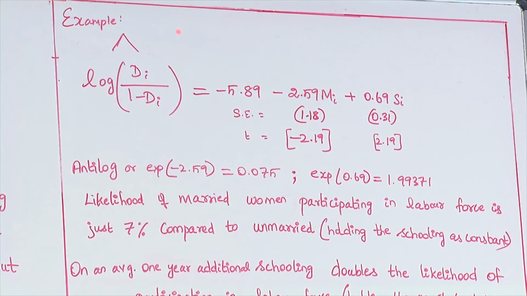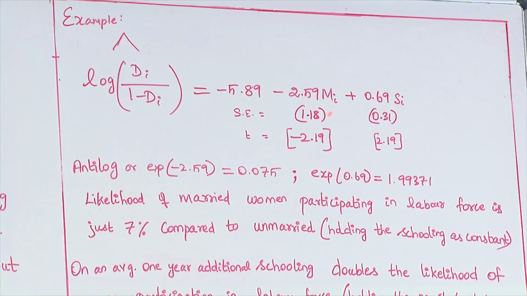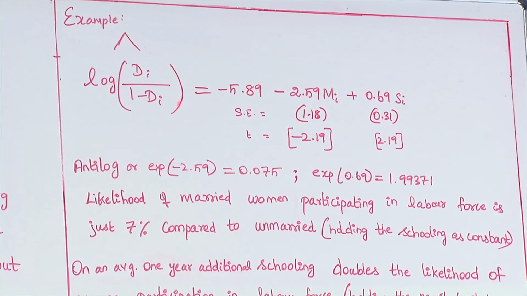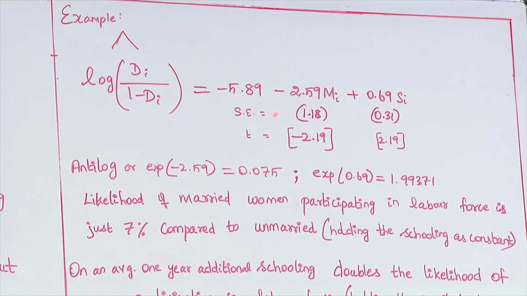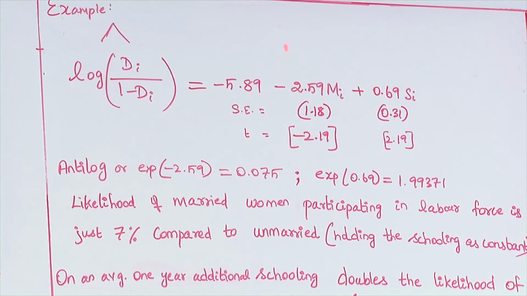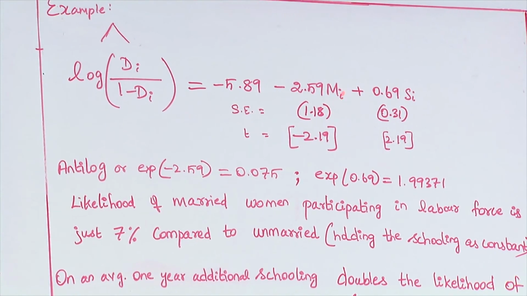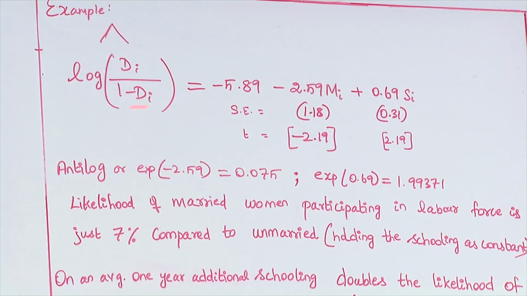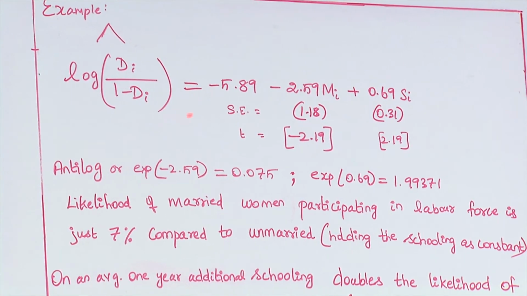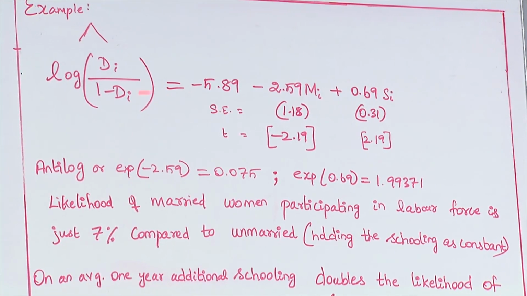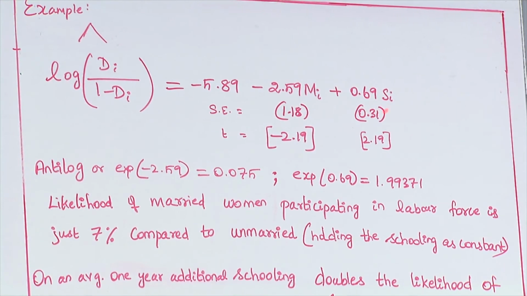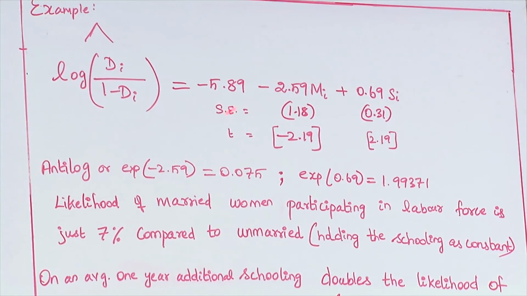The marital status coefficient is negative: the LOGIT of women participating in the labor force is negatively related, that is, for married women (1) compared to unmarried women. So marital status has a negative impact on labor force participation, and years of schooling has a positive impact, as reflected in the signs of the coefficients.